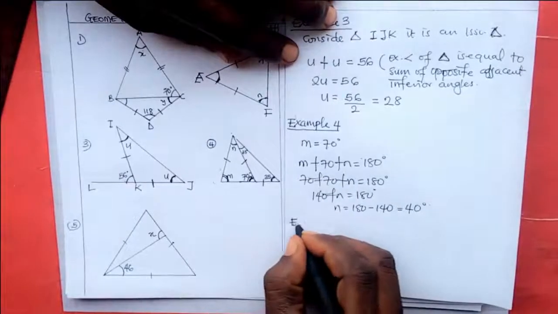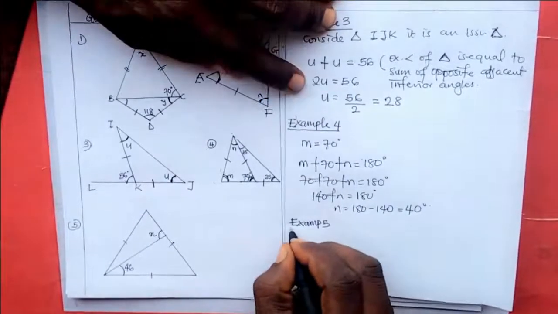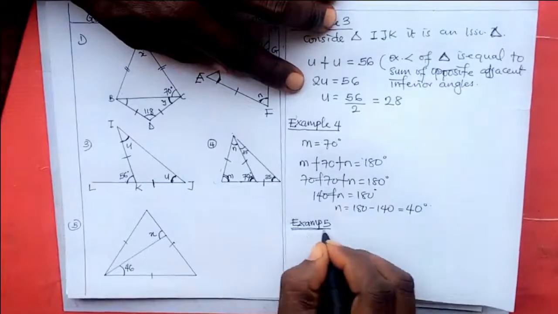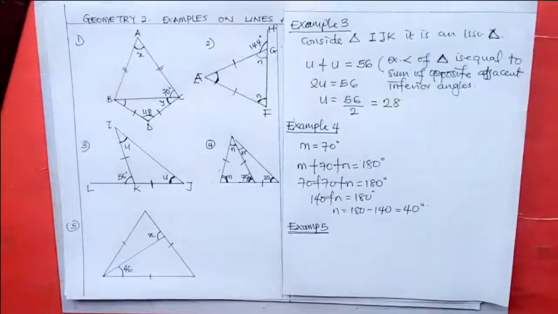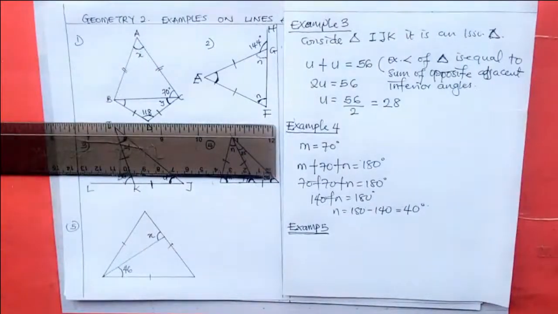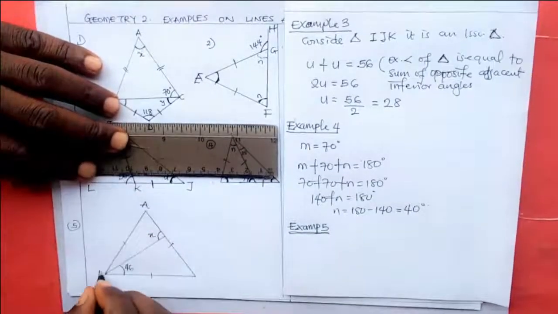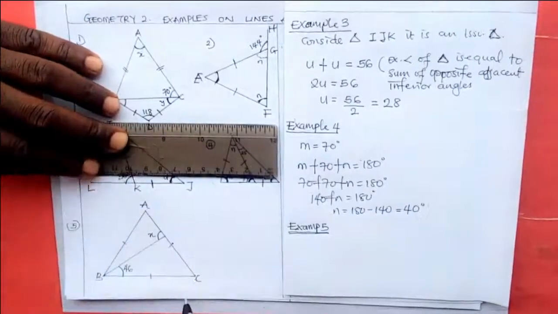So example 5. Looking at this example 5, what do you think about this triangle? Yes, you are correct. This big triangle that we have here, ABC, is an equilateral triangle.